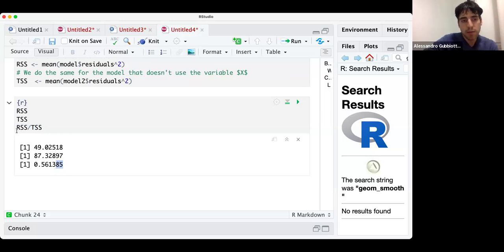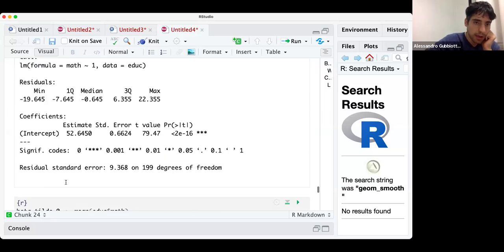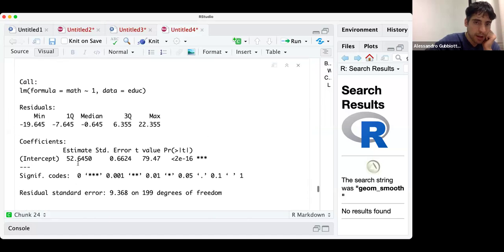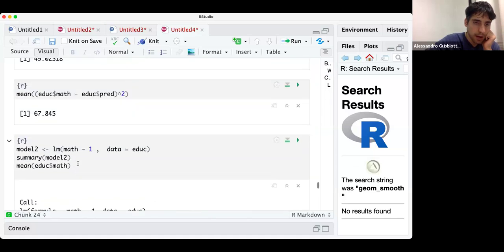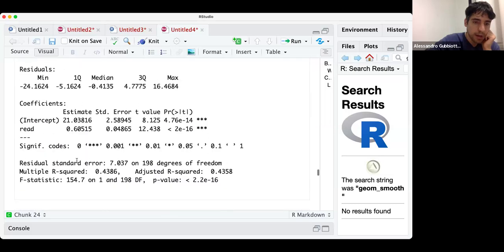So we simply take 1 minus this, and we obtain 0.44. We go back to the model, and let's see the summary. The multiple R squared is 0.44.